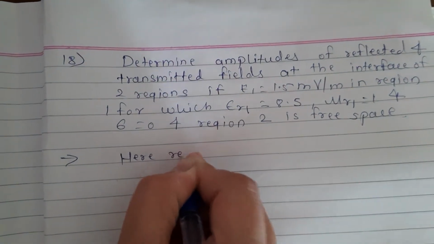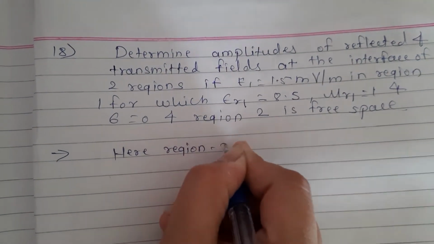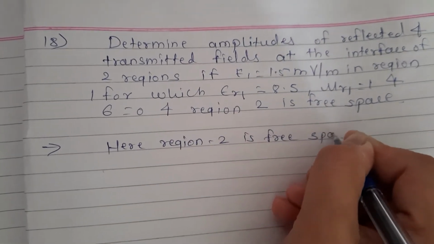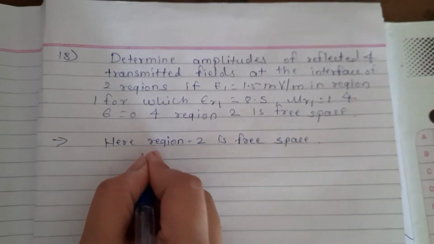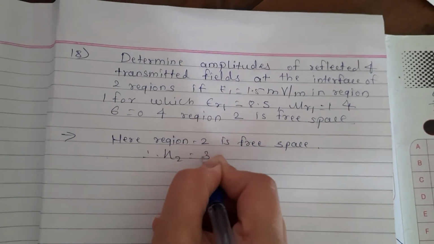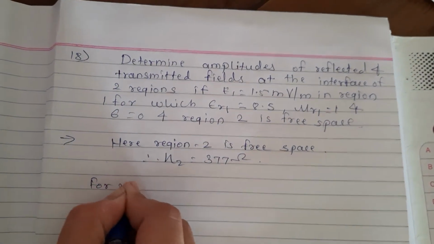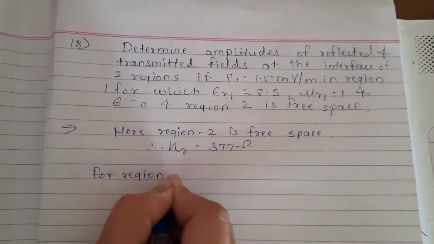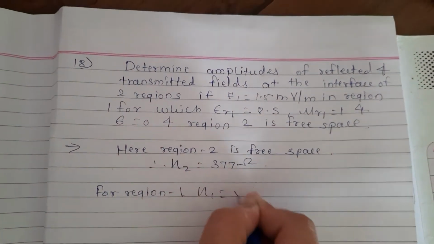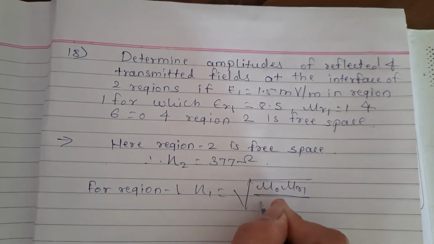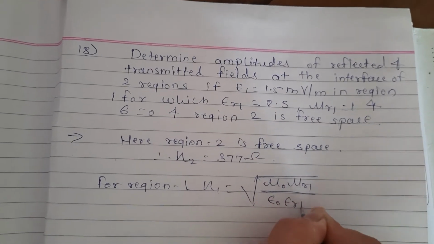Here region 2 is free space. Therefore, eta 2 is equal to 377 ohm. Now for region 1, it is equal to the square root of mu 0 mu R1 by epsilon 0 epsilon R1.